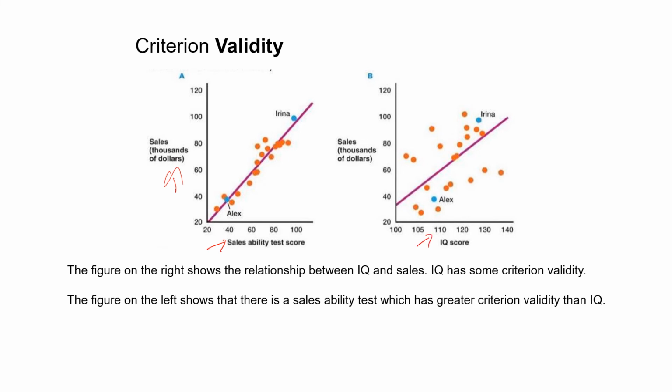There's still a correlation with sales. It's just a lower correlation. So it has a lower criterion validity than sales ability test scores. So when we try to see what is a better predictor, it would be the sales ability test scores, not the IQ scores.